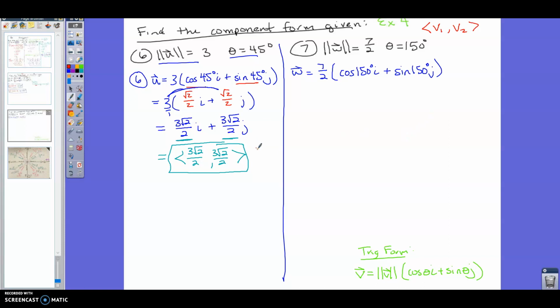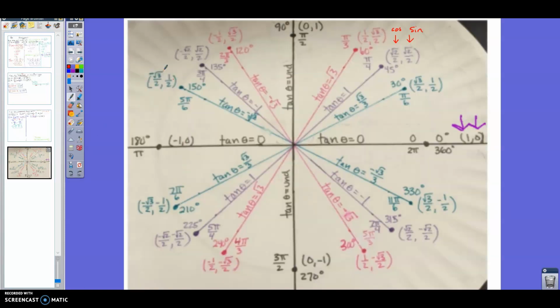So we want to get this down to component form, which looks like this. So we need to get rid of the i and the j. But before we can do that, we've got to get rid of our trig functions here. So we're going to get rid of those by looking at the x value for cosine. And for sine, we're going to be looking at the y value at 150. So if we go to 150 degrees, the x value is negative square root of 3 over 2.